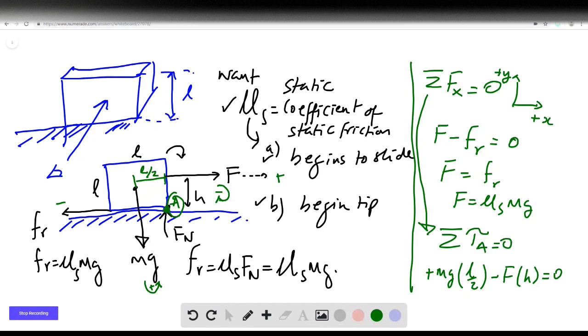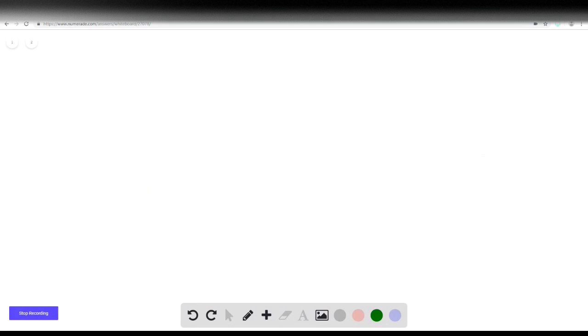Our goal is to solve for the coefficient of static friction when it starts to move.